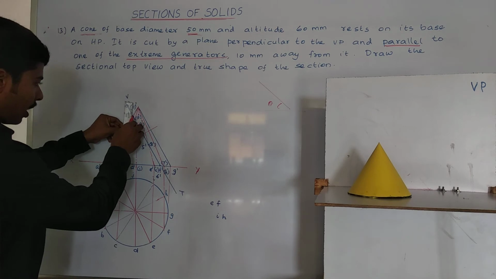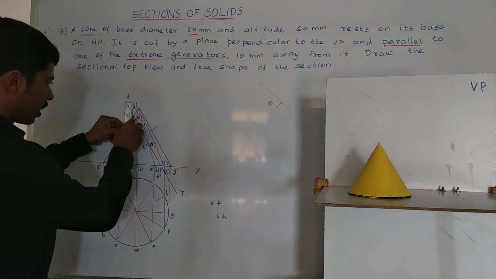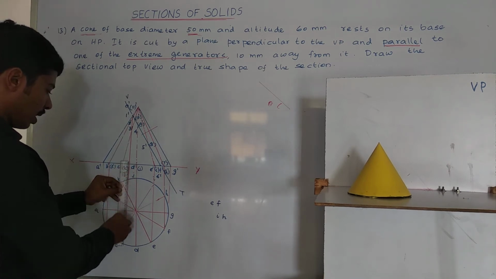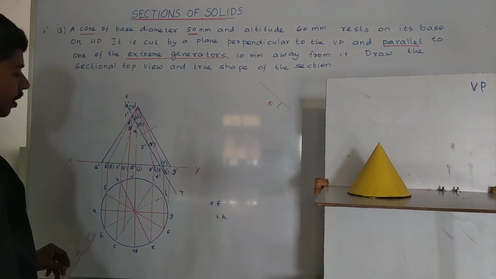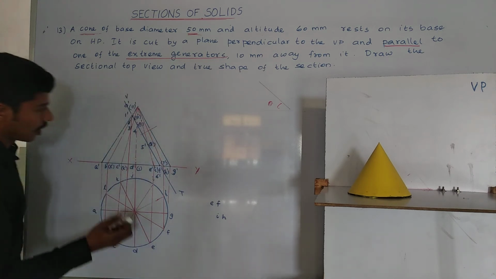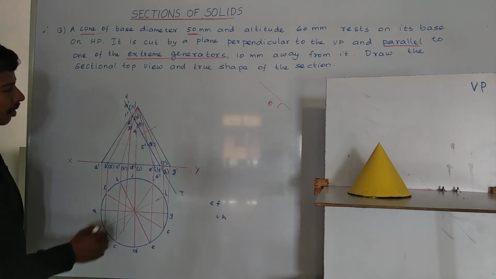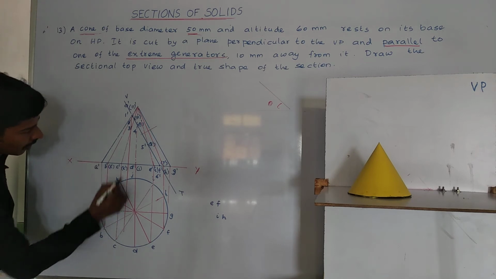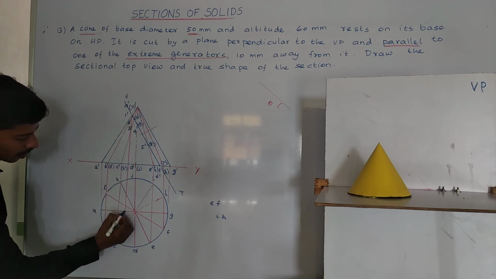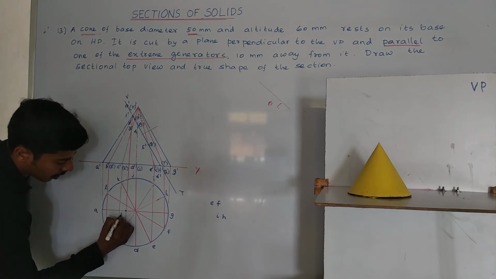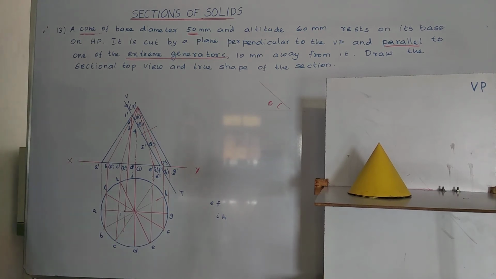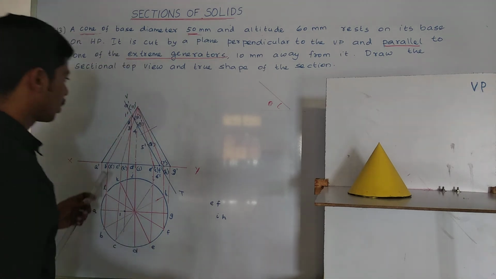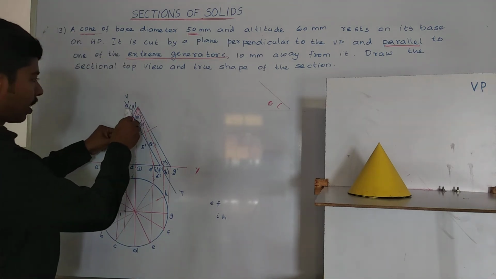So first 1 dash. So mark this. 1 is the edge on OA, isn't it? OA. So 1 is OA. This is 1. Then 2 and 11.